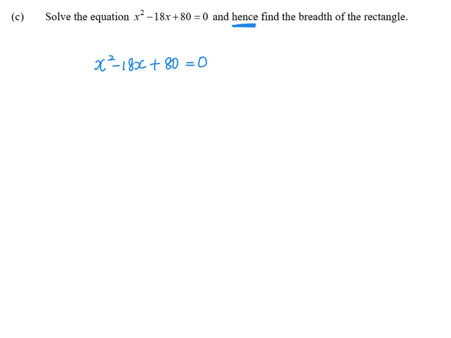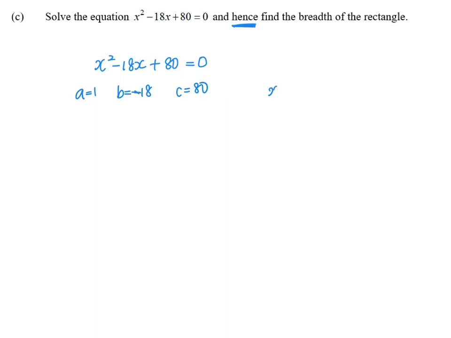A will be 1, B is negative 18, and C is 80. There are nice solutions available, so I can choose either factorization or the quadratic formula.